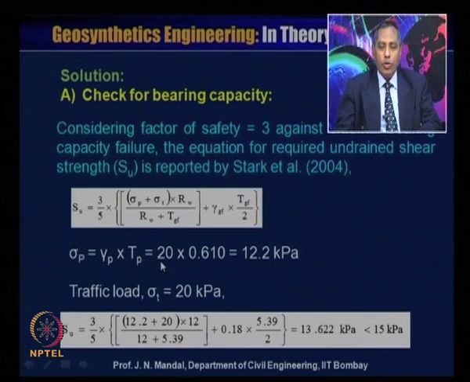So, this is 20 into T P, which is 0.610. So, this will give 12.2 kilopascal. The traffic load sigma T is equal to 20 kilopascal. It is given in the problem.